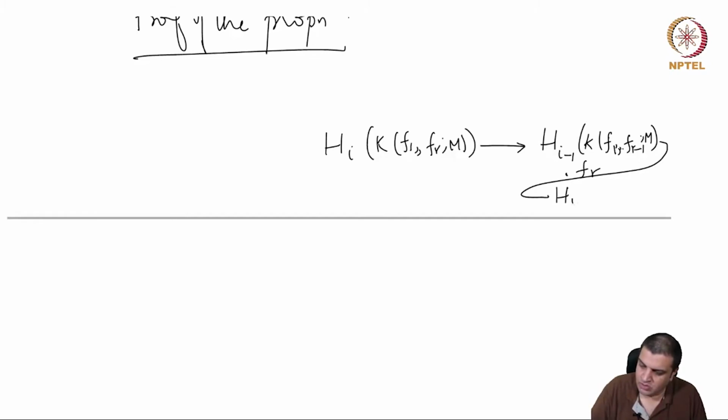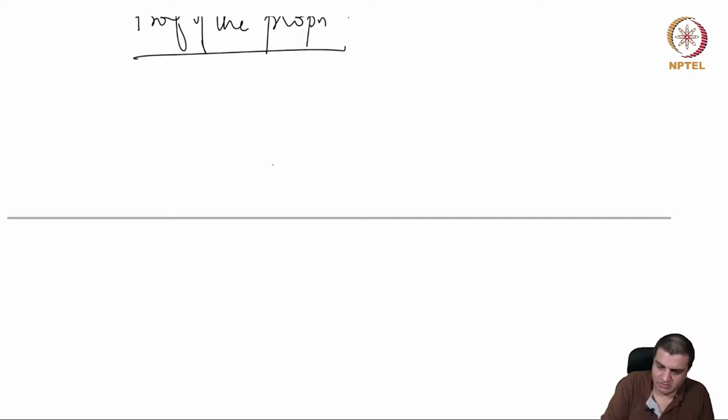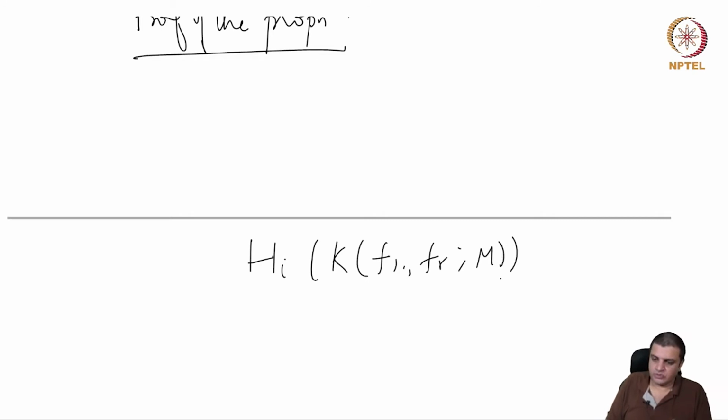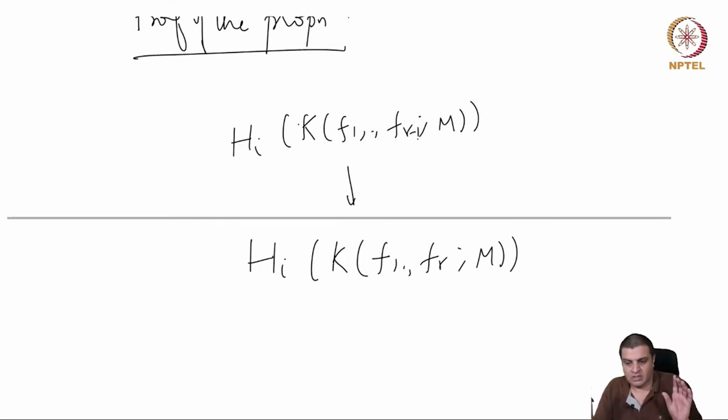Let's write this. We have Hi of K of all the elements F1 through Fr on M. To this comes the map from G. But G was also K of F1 through Fr minus 1 on M. So G and F have only the r minus 1 elements, while the cone will have all r elements.